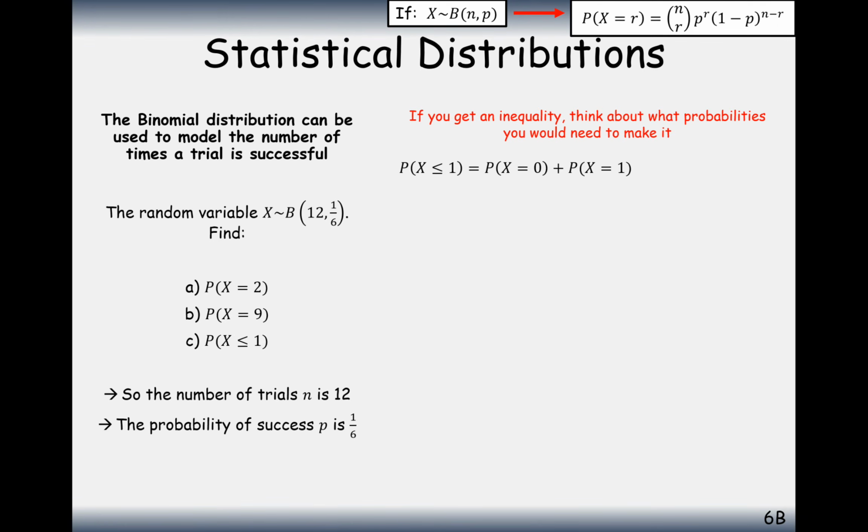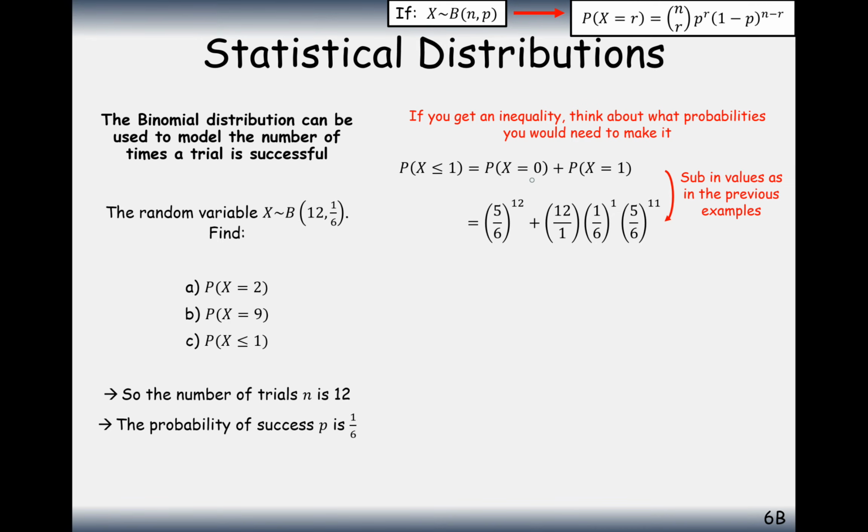The next one here is the probability where we've got less than or equal to 1 number of successes. So for the moment, the only way that we can do that is split it up into the options that we have here. So either we have 0 number of successes or 1 number of successes. And we'll have to work out the probabilities for those individually.